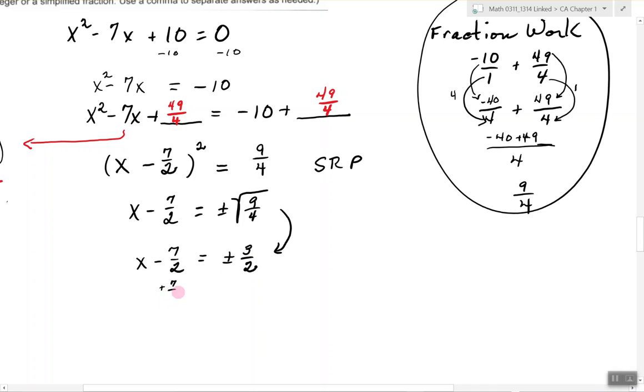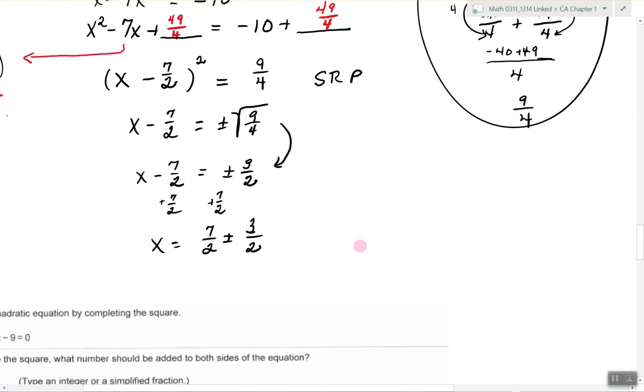Add 7 over 2 to both sides, put it in front. X is equal to 7 over 2 plus or minus 3 over 2. And I can actually get my two answers. I have 7 over 2 plus 3 over 2, which is 10 over 2, or 5.